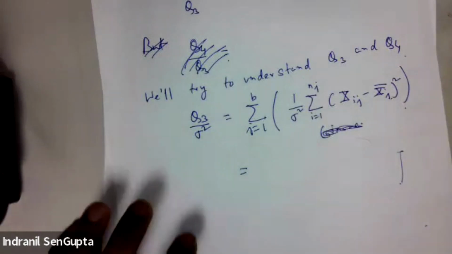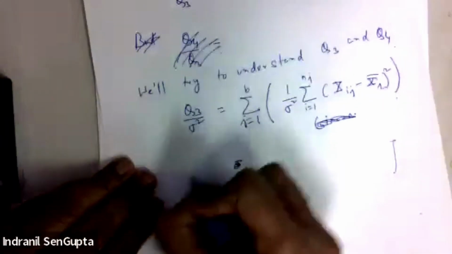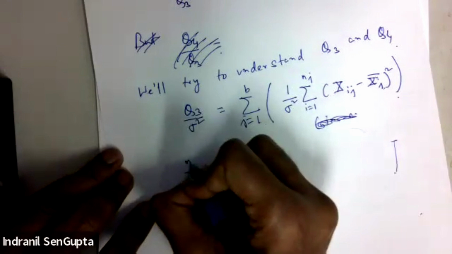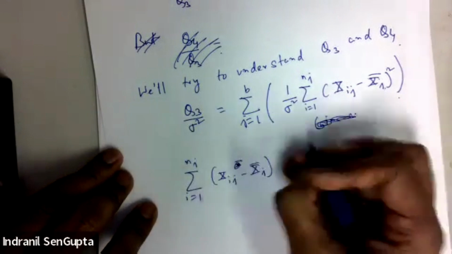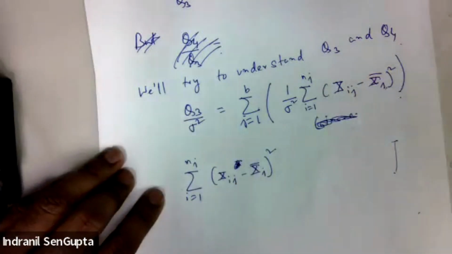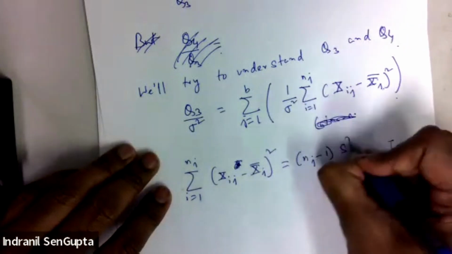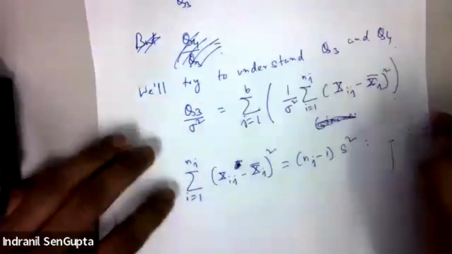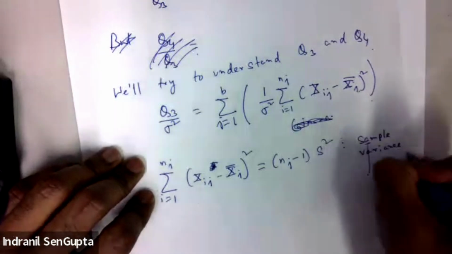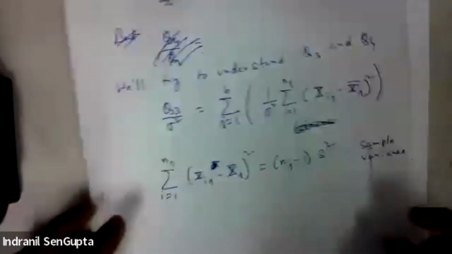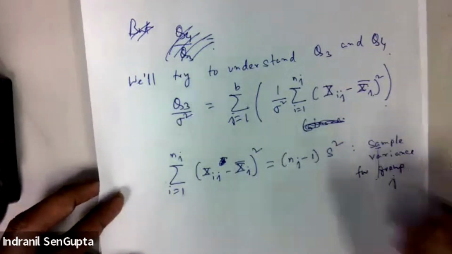So this quantity, the sum over i from 1 to nj of X_ij minus X_j bar squared, is really nj minus 1 times s squared, the sample variance for that particular group, for group j.